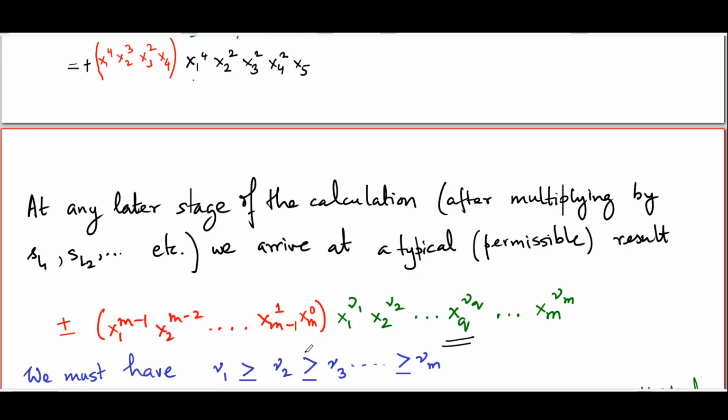That is, nu 1 has to be bigger than or equal to nu 2, nu 2 has to be bigger than or equal to nu 3, all the way down to nu m. Now this is the condition for this particular term that we have arrived at to be a legitimate term. That is, this is what will give you a legitimate standard Young tableau with number of dots in a lower row not exceeding the number in a higher one.